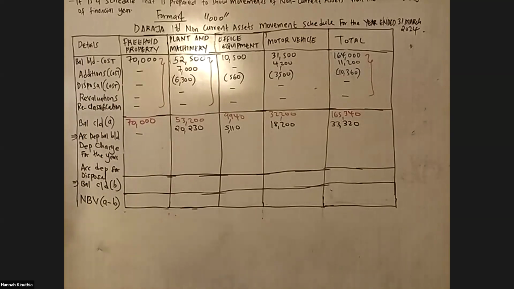Now, information number 2 under disposal. Do you have accumulated depreciation when you are disposing? Yes, we have.